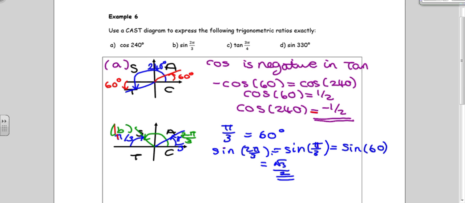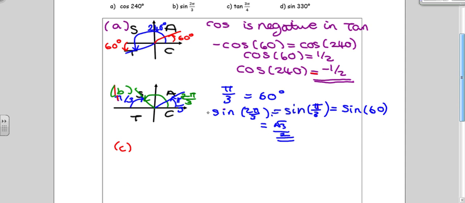So moving on to part C. Again, we need to draw the CAST diagram. So C, A, S, T. And this time we're finding tan of 3 pi over 4.